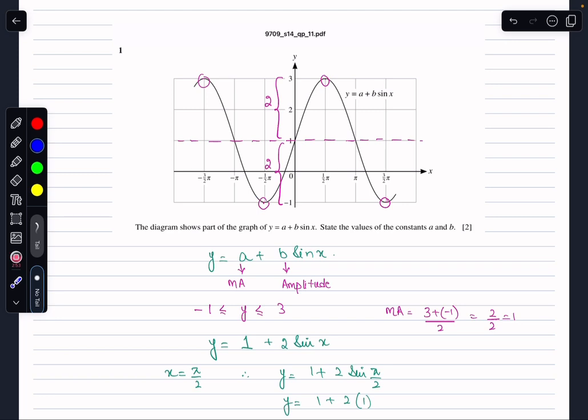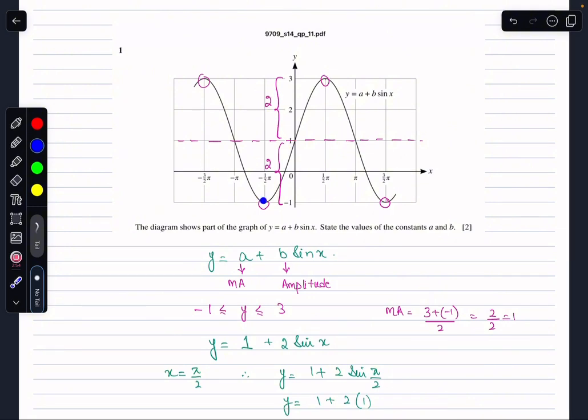I have added both the extreme values and divided by 2 to get the mid-axis value. 3 minus 1 is 2, divided by 2, that gives me 1. Therefore, this one is actually the mid-axis, and with respect to the mid-axis, I got the highest point, which was at 3. So 3 minus 1 gives us the amplitude of 2.